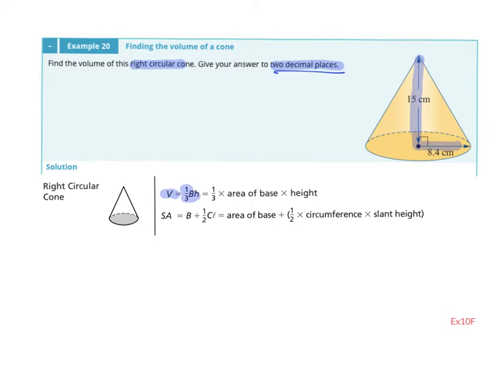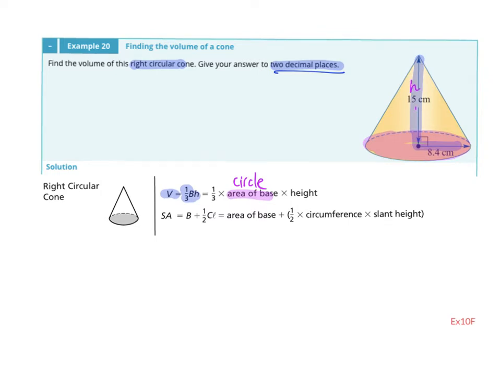When they say the area of the base, this is the base here. And what type of shape is that? Yeah, good. That's a circle. So it's a circle, and then the height is this height here.